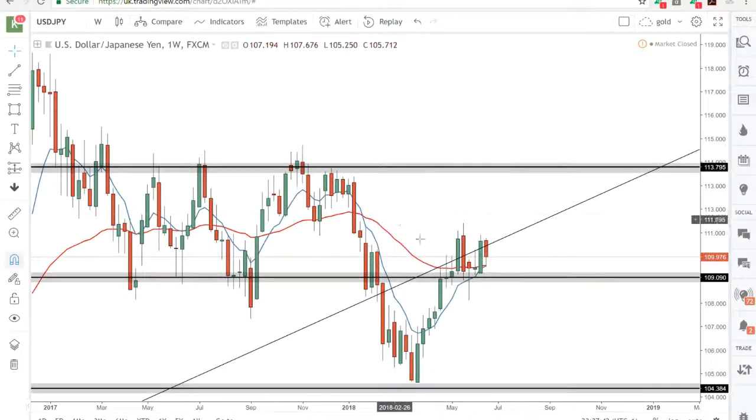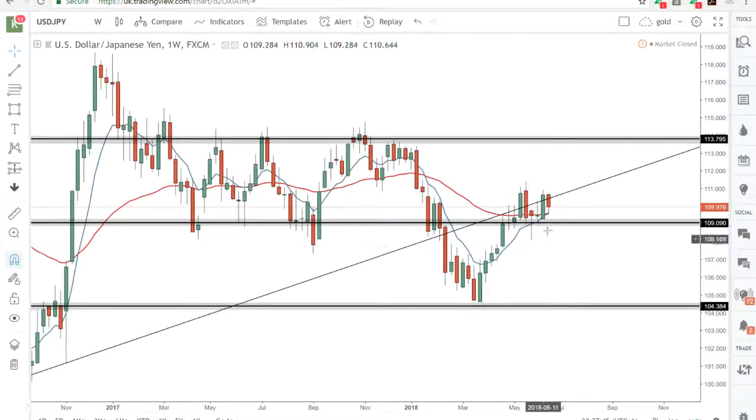Our monthly support should be, or is perceived to be, stronger than support on the weekly or the daily. So that's this monthly key level.